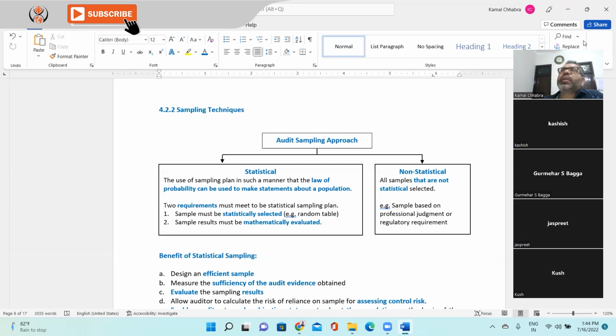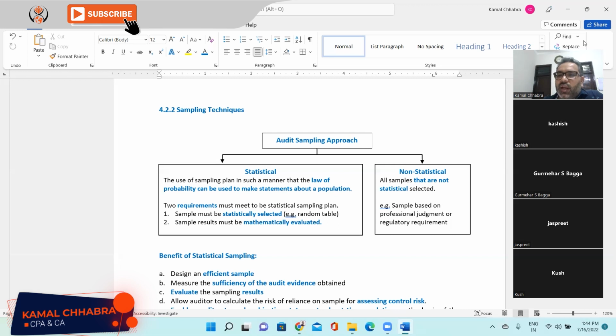So you can give a threshold to the number, which is also called key value item testing. That comes under non-statistical sampling testing, because here you are not testing randomly or applying any mathematical formula. You are straightforwardly testing all items more than $10,000.